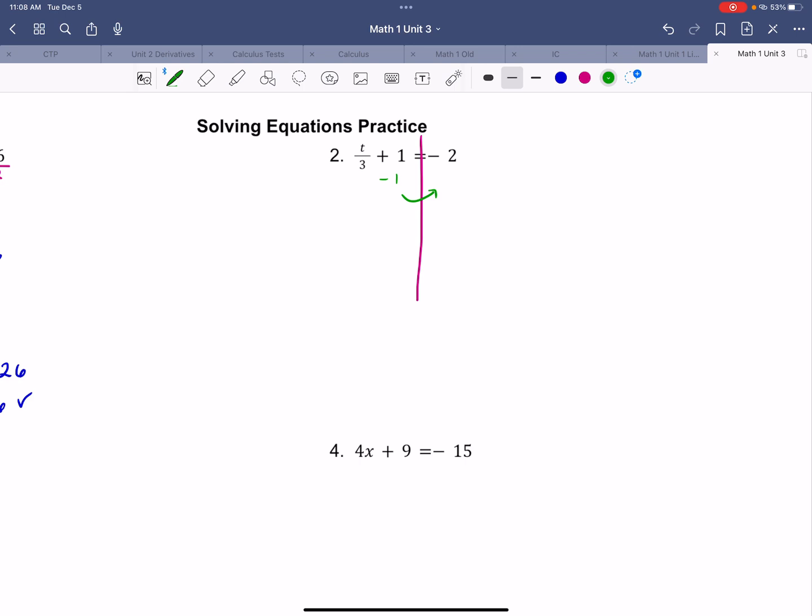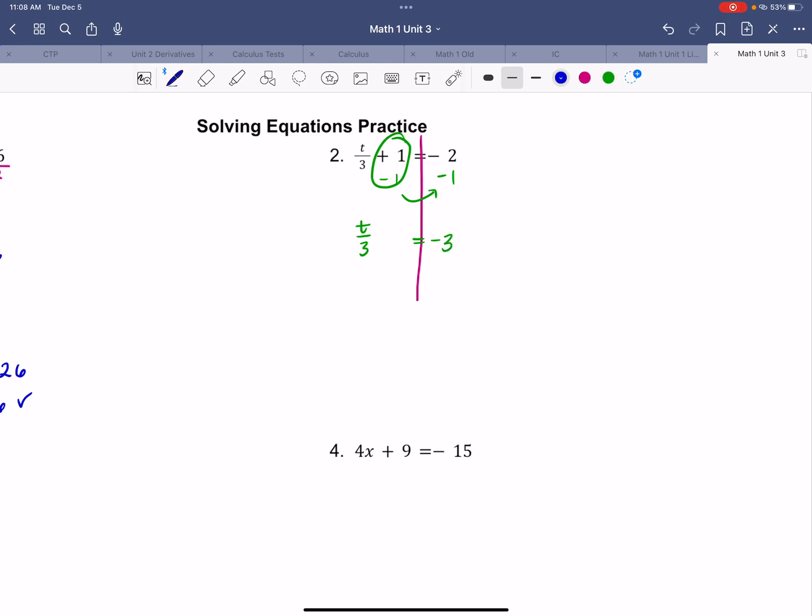If I subtract 1 from the left-hand side, I must also subtract 1 from the right-hand side. So this becomes t divided by 3, because 1 minus 1 is 0, is equal to negative 2 minus 1, which is negative 3.